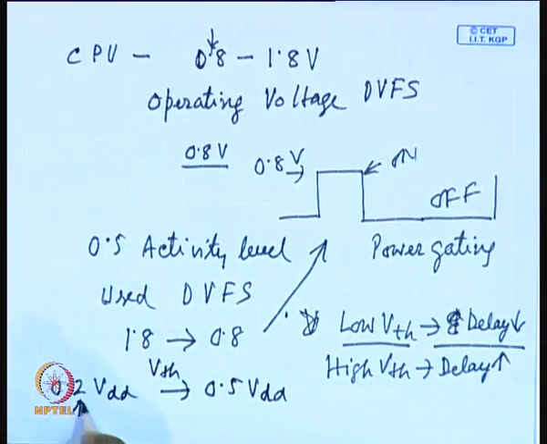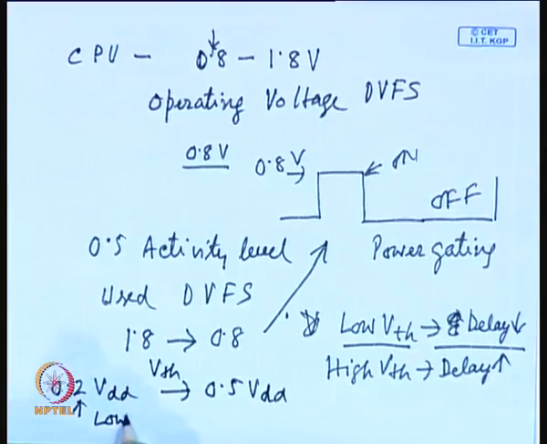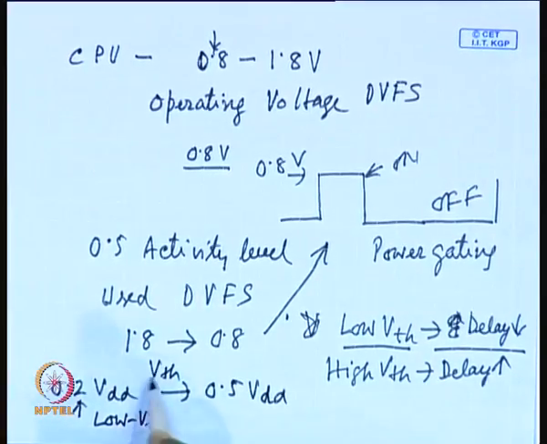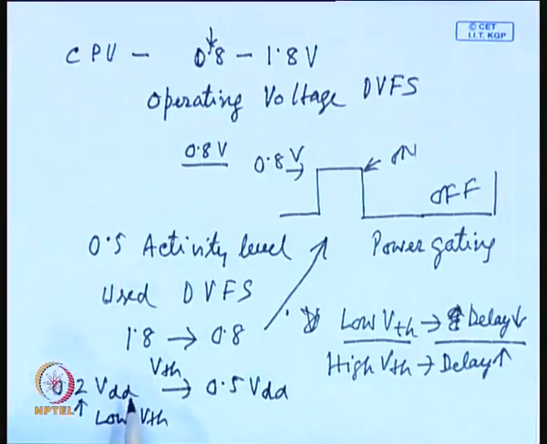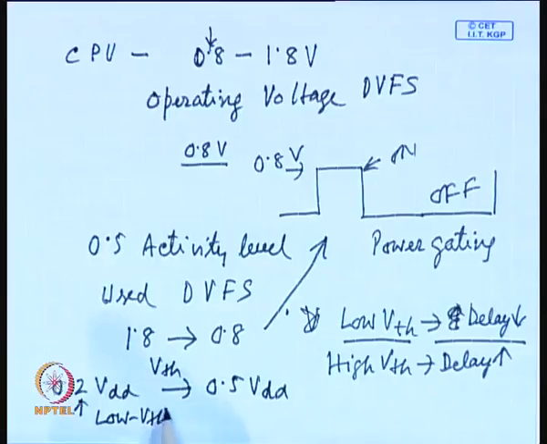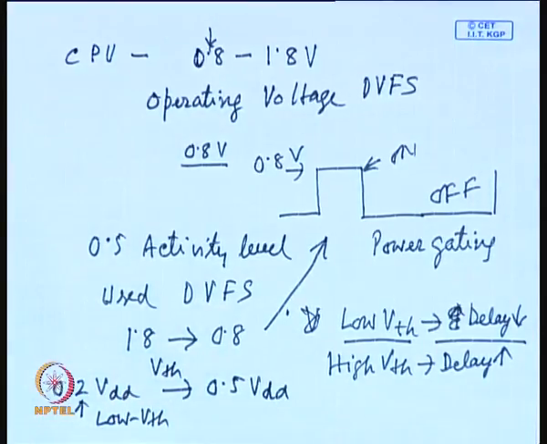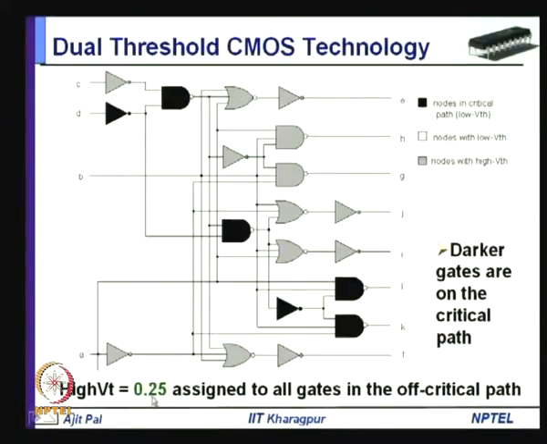Now, this is considered to be low VTH. The high VTH can be in the range which will be more than 0.2 VDD, and obviously, it has to be less than 0.5 VDD. But what will be the exact value, that we shall discuss. Now, the high threshold voltage in this particular example I have shown is slightly more than the low threshold voltage. So, it is 0.25 VDD, where VDD is 1 volt.